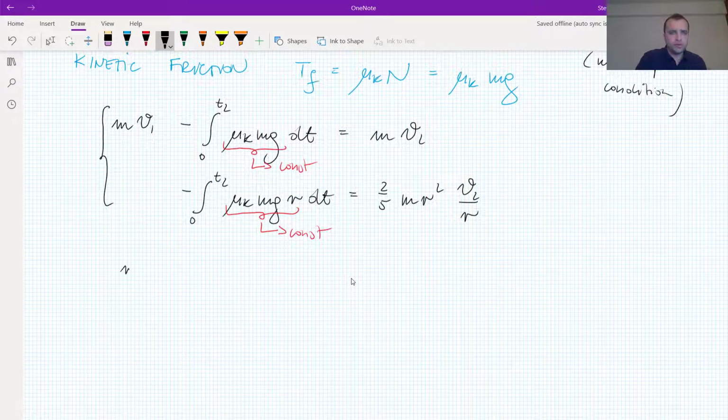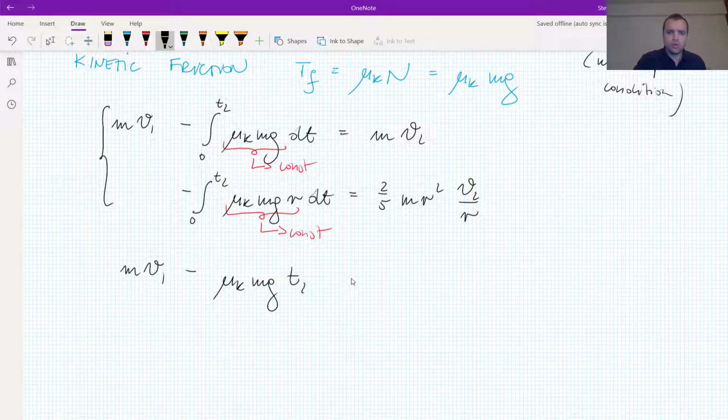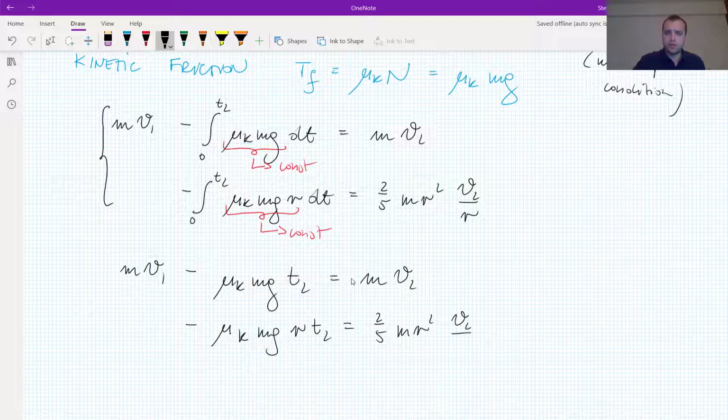In here we will have mv1 minus mu k mg t2, and this is equal to mv2. And in the second equation we will have minus mu k mgr t2, and this is equal to 2 divided by 5 mr squared v2 divided by r.